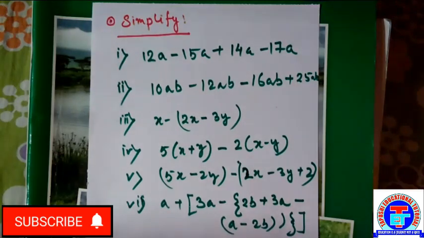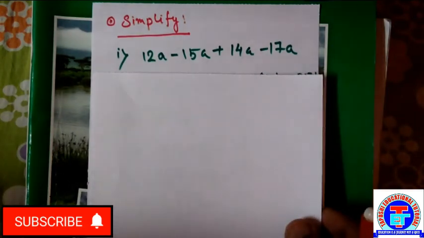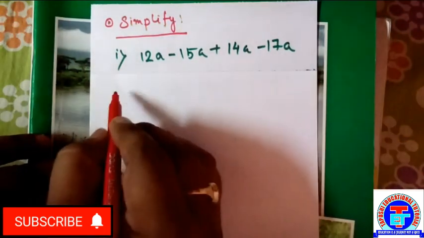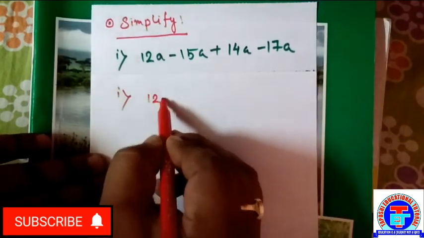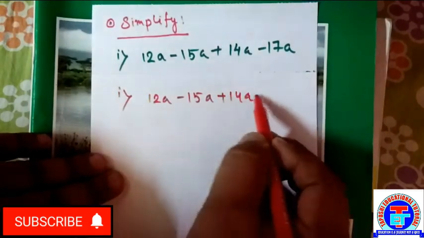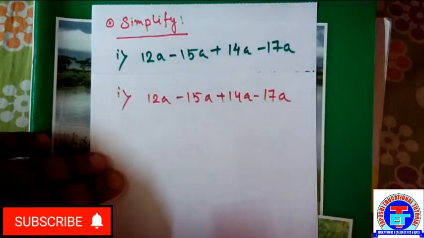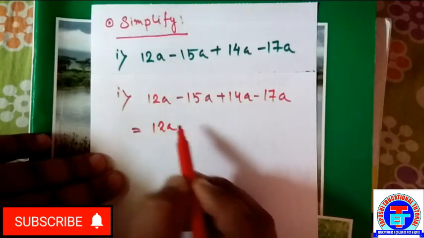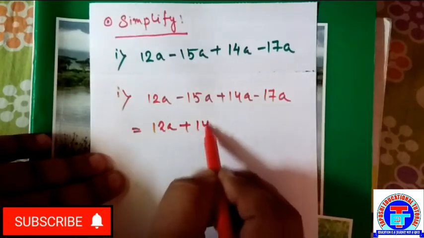Now my dear student, here we solve some simplification. It is very easy. We already learned addition and subtraction. Now number 1 is given: 12a minus 15a plus 14a minus 17a. First we arrange the addition terms: 12a plus 14a.